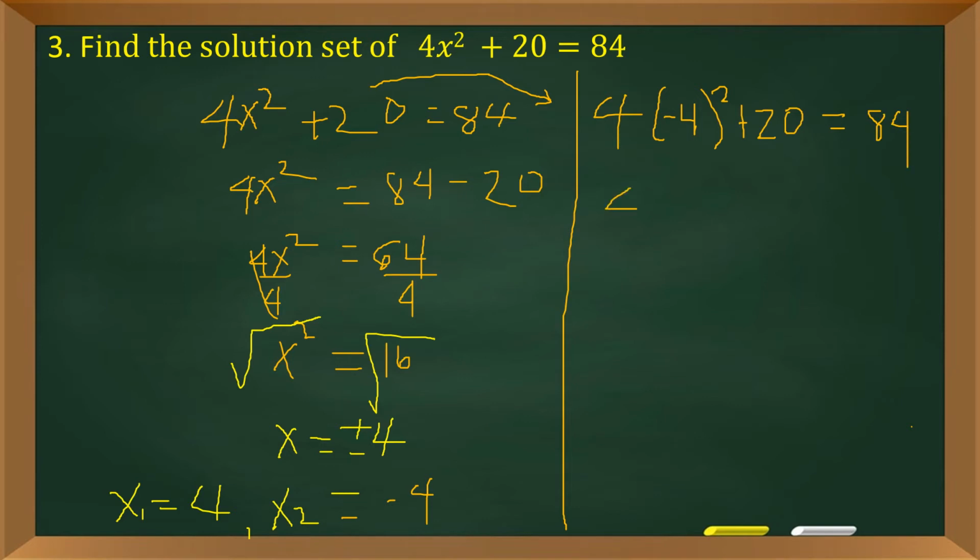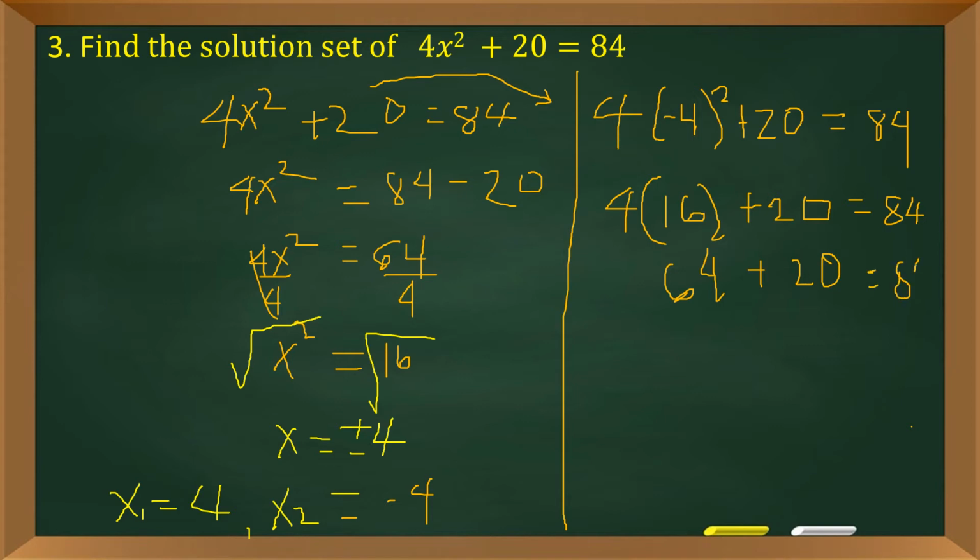But negative 4 squared, that means negative 4 times negative 4. So, 16 pa rin plus 20 is equal to 84. But 4 times 16 is 64 plus 20 is equal to 84.